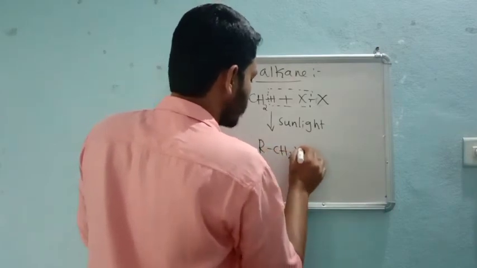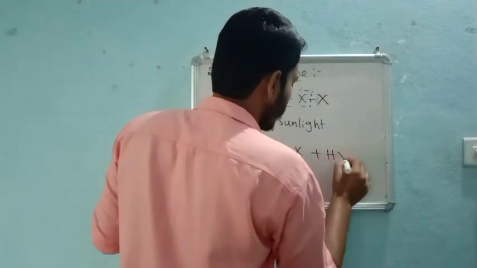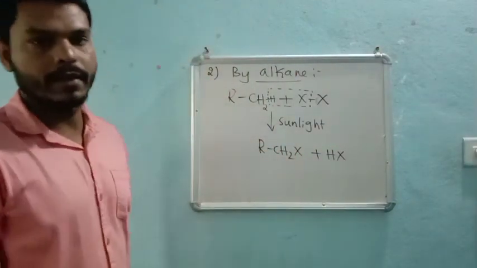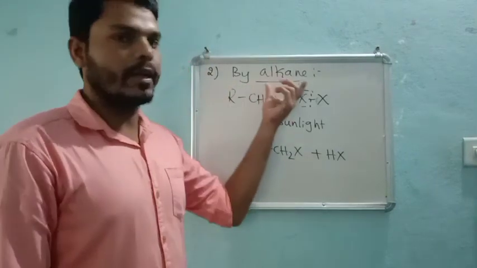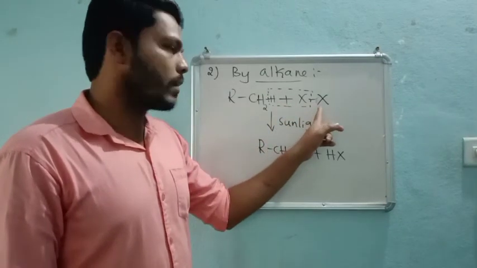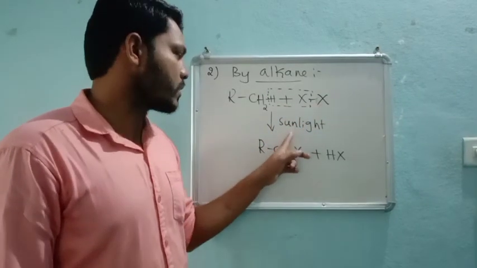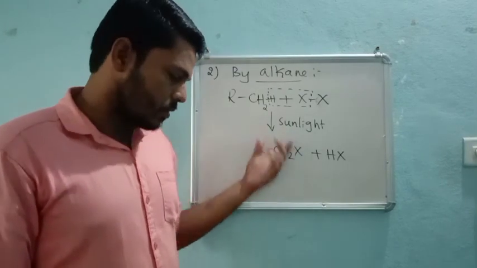RCH2, instead of H, what will come? X, and what do we remove? Hydrogen halide, right? So that is how we can prepare from alkanes. Alkanes are treated with halogens in the presence of sunlight. It forms haloalkane, right?